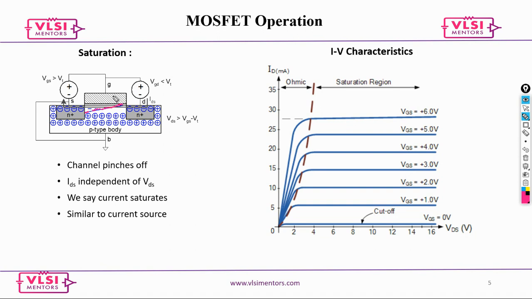When this happens, your current becomes constant, irrespective of your drain supply voltage. That is what you should remember. If you understand the three modes of operation and the IV characteristics, you are pretty much there. And when you say saturation, your current is constant, and we call that phenomenon a current source.